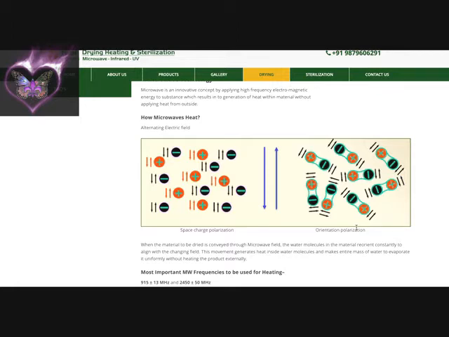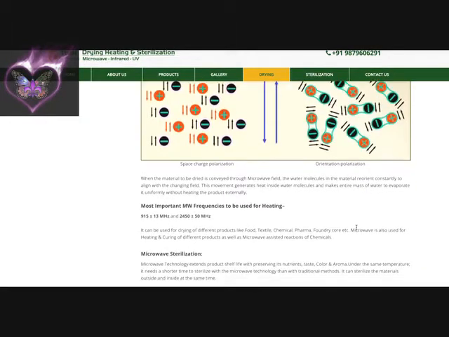When the material to be dried is conveyed through a microwave field, the water molecules in the material reorient constantly to align with the changing field. This movement generates heat inside water molecules and makes the entire mass of water evaporate uniformly without heating the product externally.